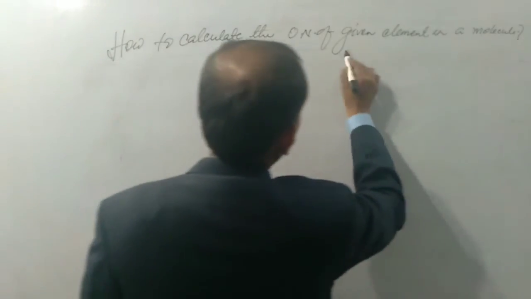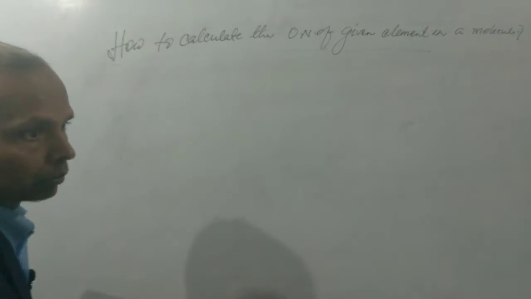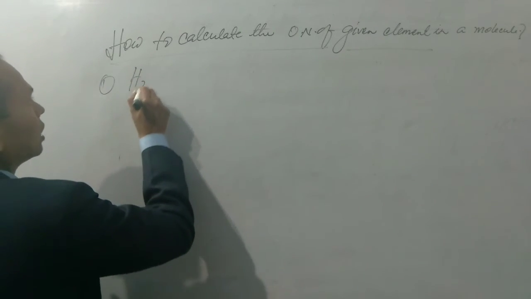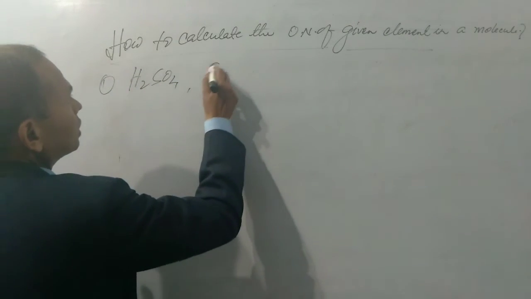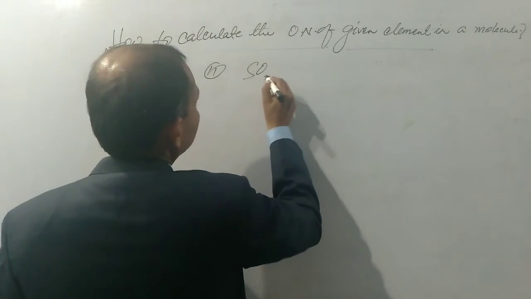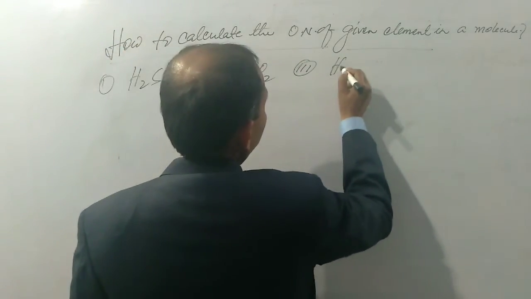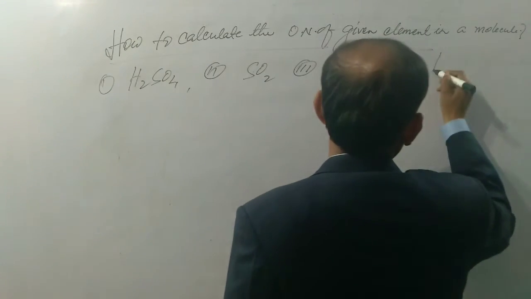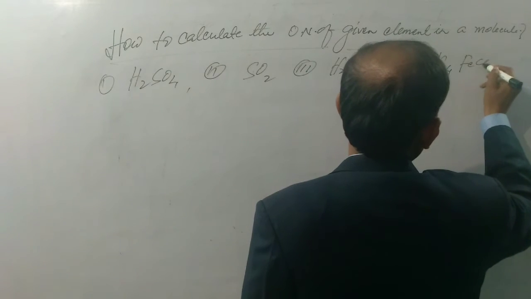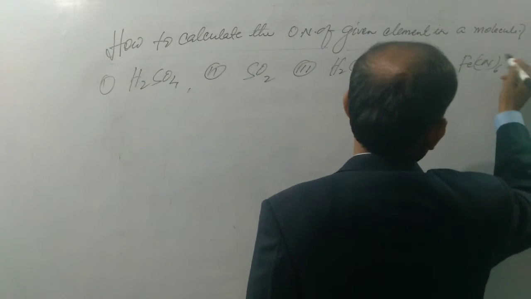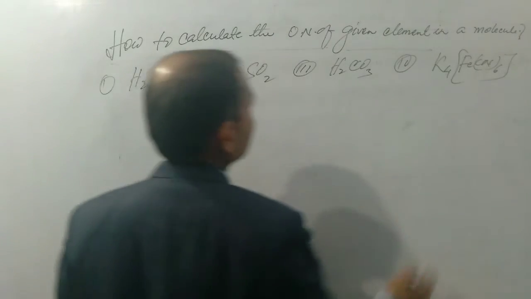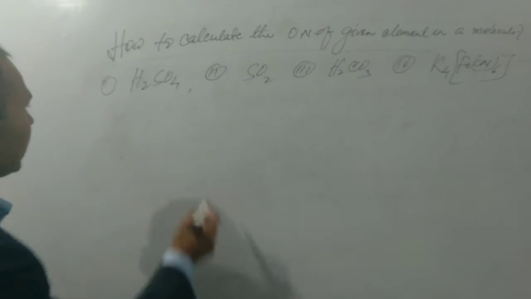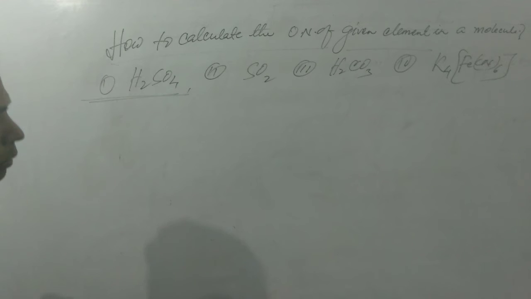How to calculate oxidation number of given elements in a molecule? We have to take some examples for it. We have taken some examples to show the oxidation number of different elements in the respective compound.